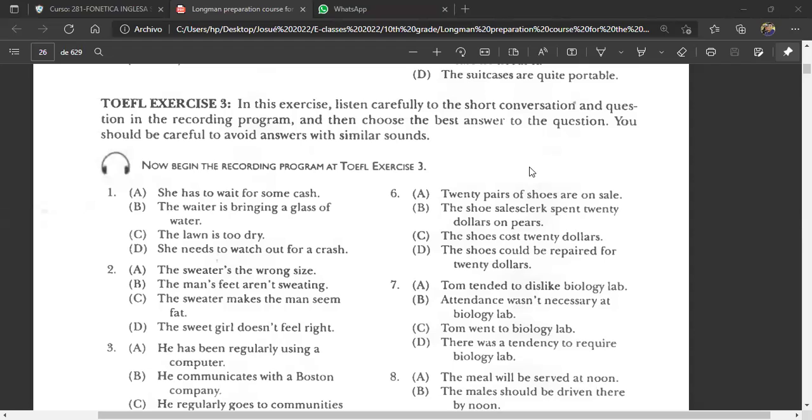Okay. The rest, just 3 people had written to me today for this example, the TOEFL test. Solo 3 de ustedes me han escrito. Okay, don't worry, it's okay. No se preocupe si tuvieron varias malas, ¿verdad? No pasa nada.